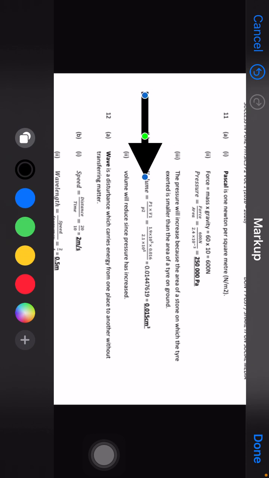You notice that in the question we are given the mass of the rider, which was 60 kg, but we have been asked to find pressure.